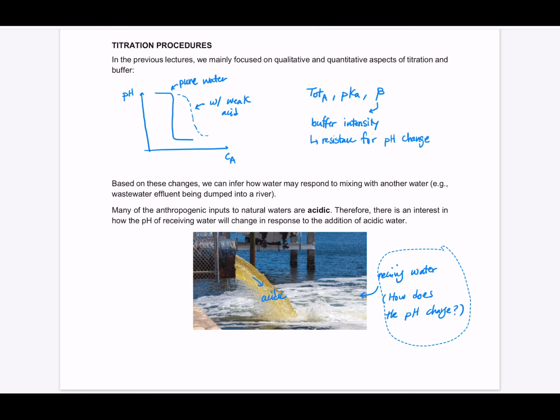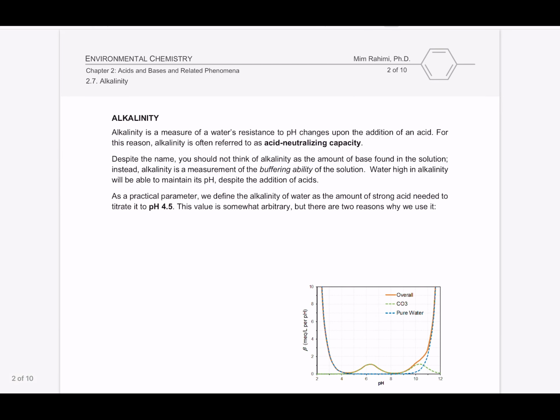This is kind of a titration experiment: we're adding something that is known to something that is unknown, and we're interested to know more about what's going on here. The difference from the previous case is that this was a strong acid or strong base, but now this is a wastewater with some acidity. So that's one difference. Now let's specifically focus on alkalinity.